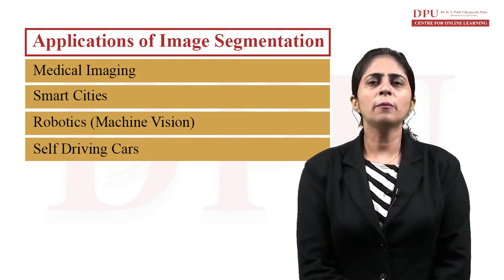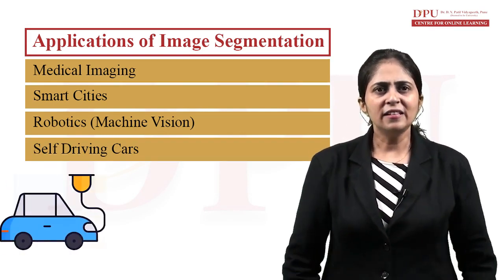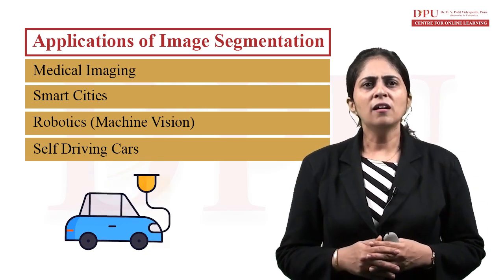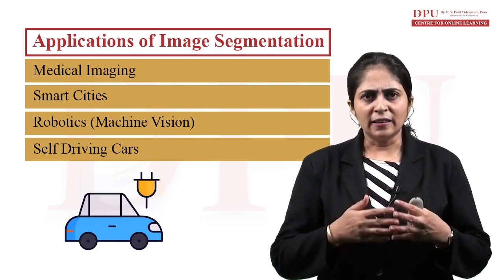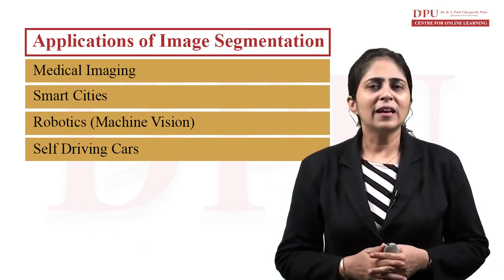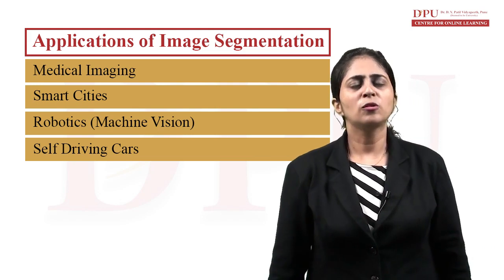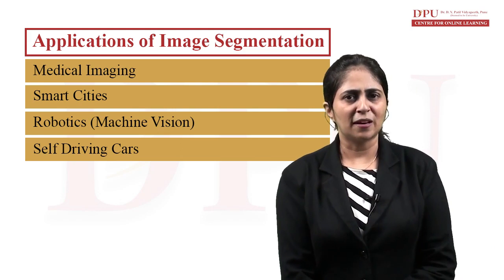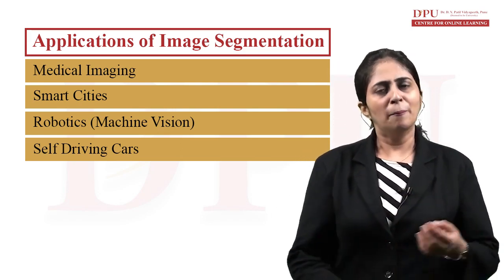Then we have already talked about self-driving cars. These are one of the biggest applications of image segmentation, with the planning of the routes and the movements heavily depending on image segmentation techniques. So these are a few basic applications where we can apply image segmentation. First is medical imaging.